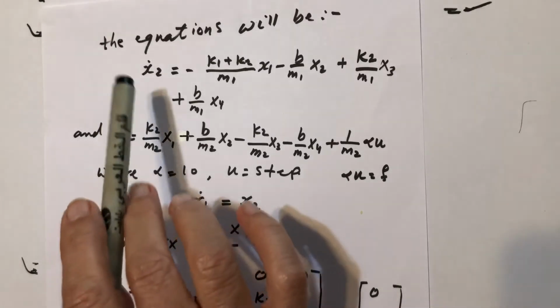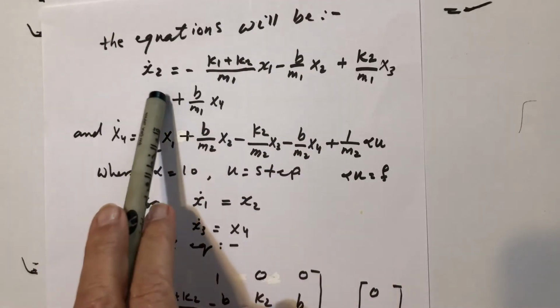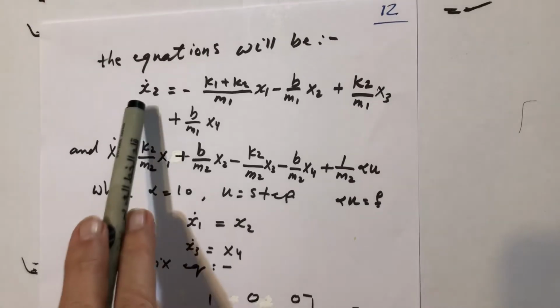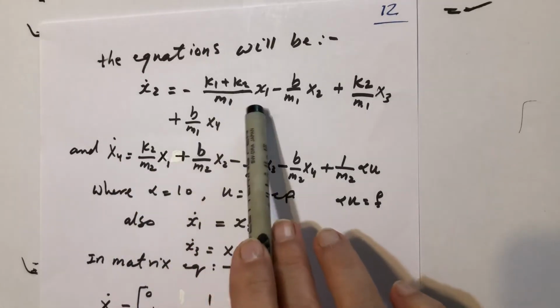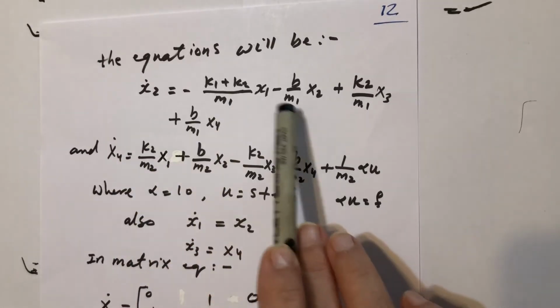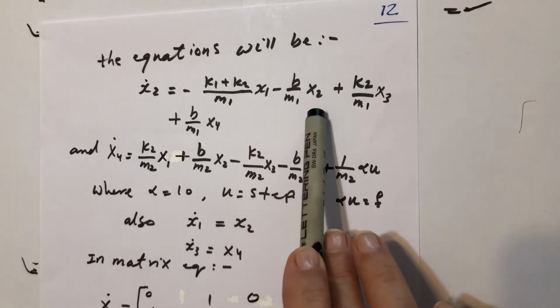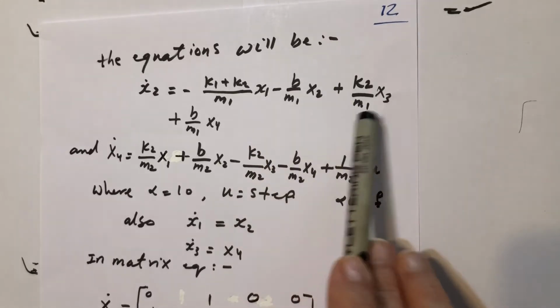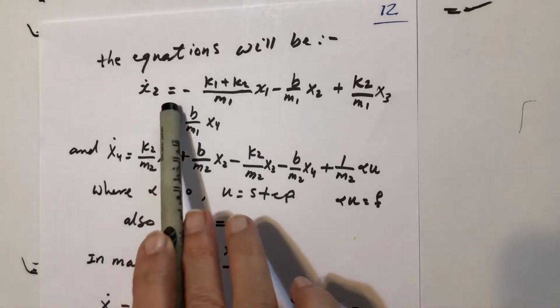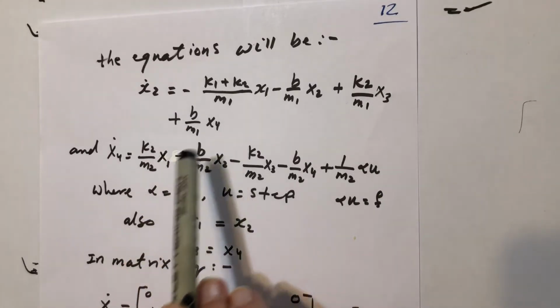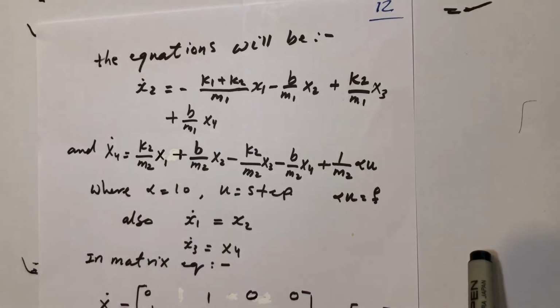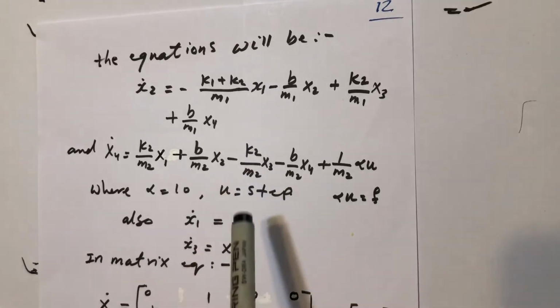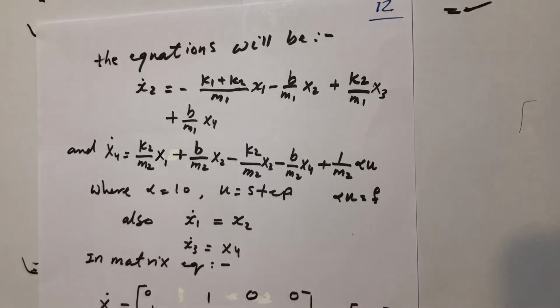So we have x2 dot equal to minus k1 plus k2 over m1 x1 minus b over m1 x2 plus k2 over m1 x3 plus b over m1 x4. In this equation I don't have a force, because the force is on the other mass.